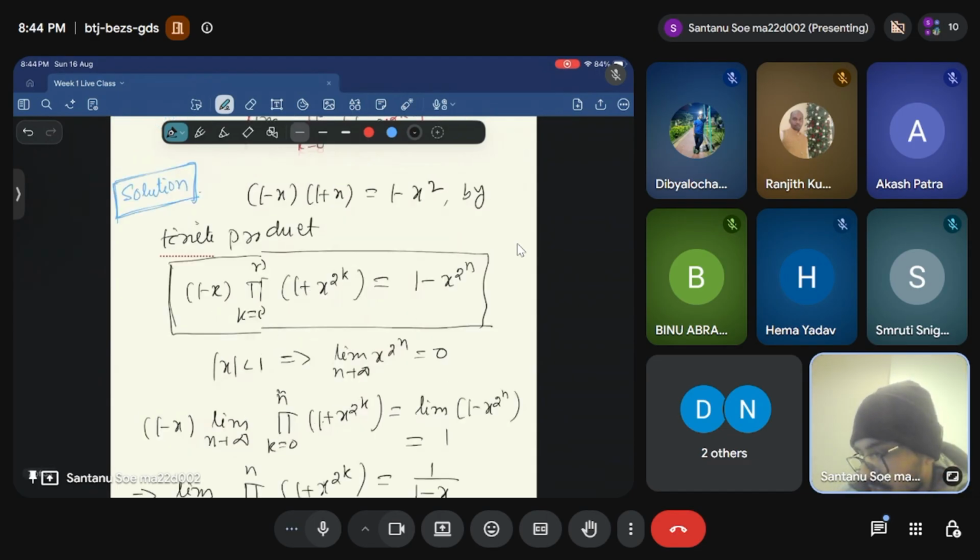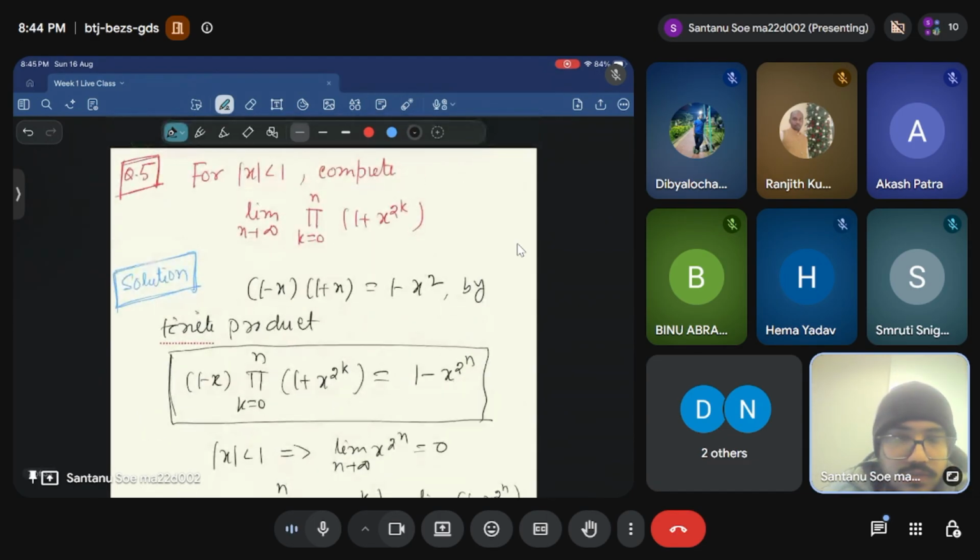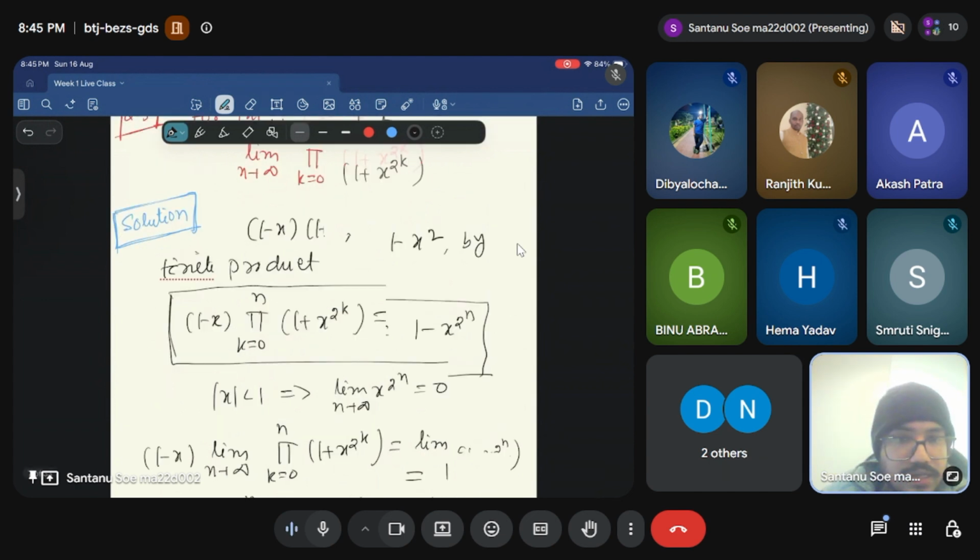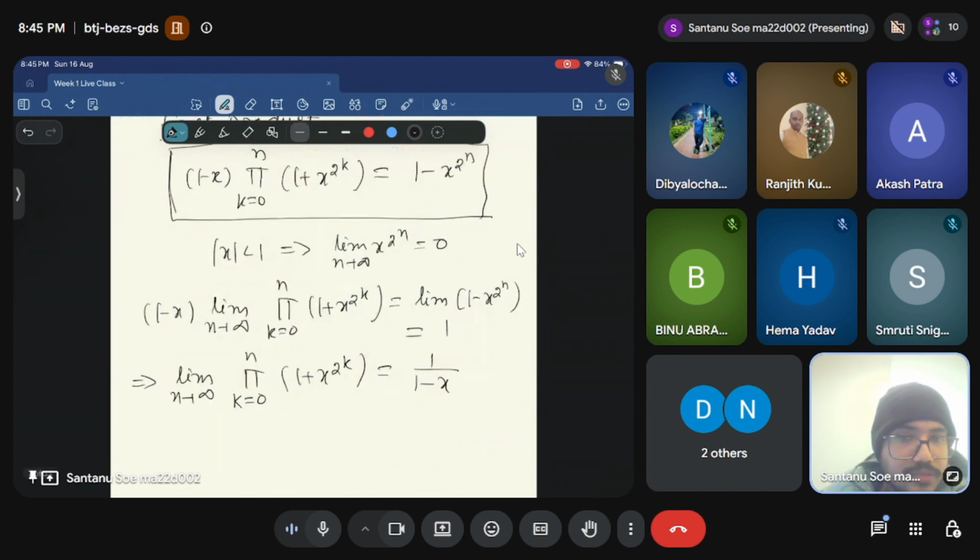Okay, so if anyone asks you, for x equals 1 by 2, what is the limit of this product for k equals 0 to n of 1 plus 1 by 2 to the power 2 to the power k, this limit will be just 1 divided by 1 minus 1 by 2, which is just 2.